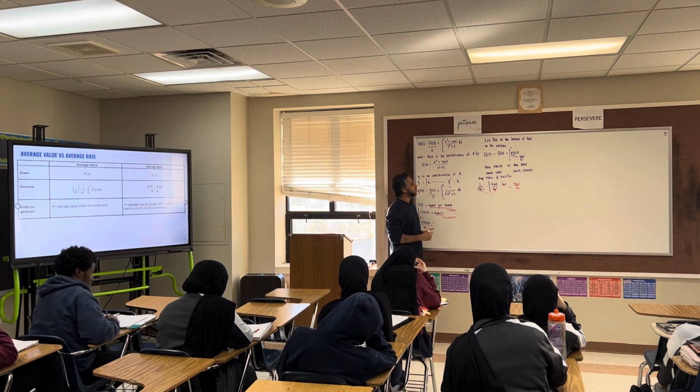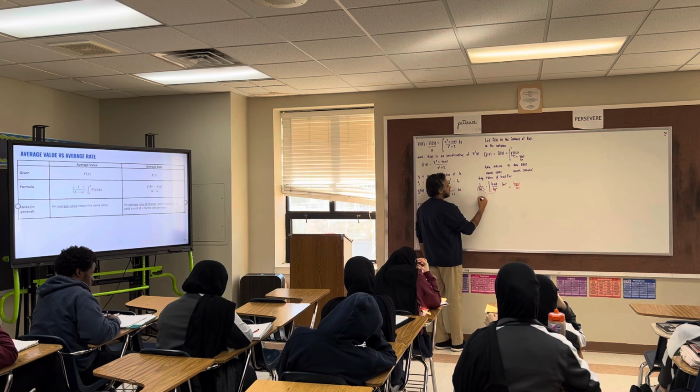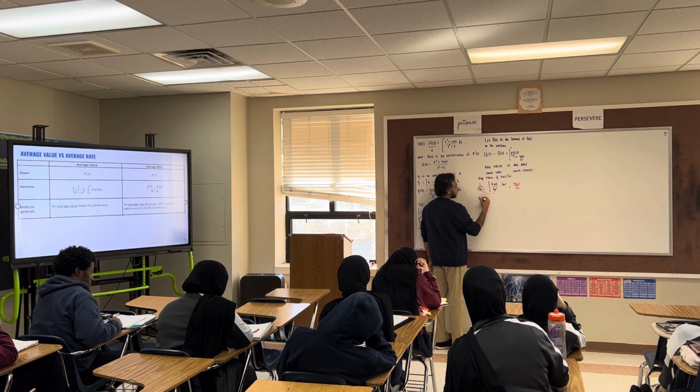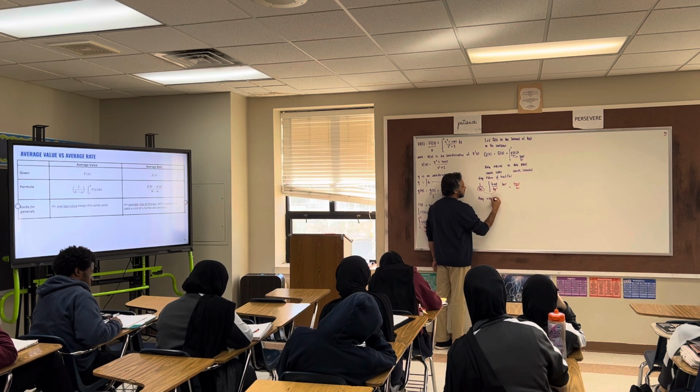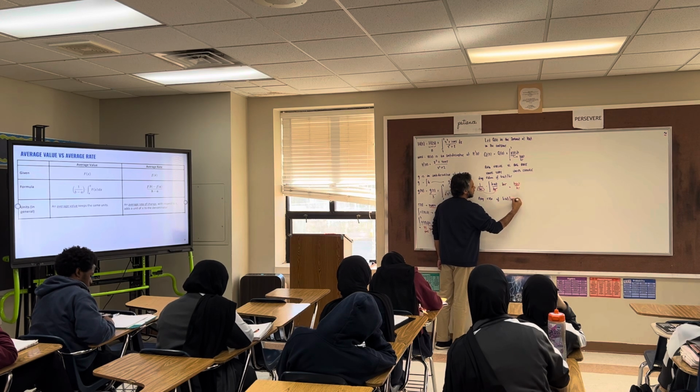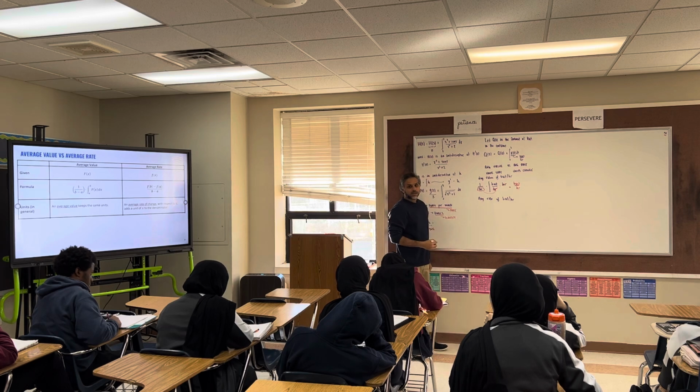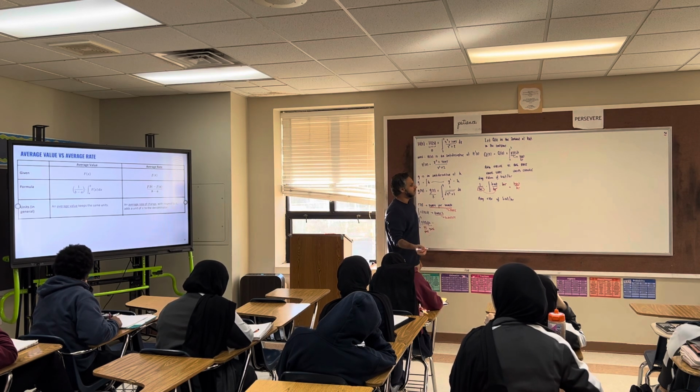On the other hand, let's suppose that you were asked the average rate. All right, so if they ask you the average rate of bacteria per hour, that's going to totally change things. Again, you guys see the formula up there. It says f of b minus f of a over b minus a.